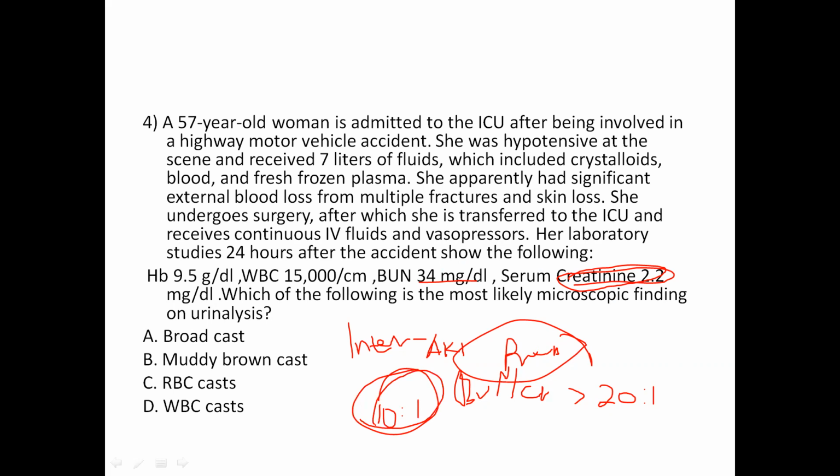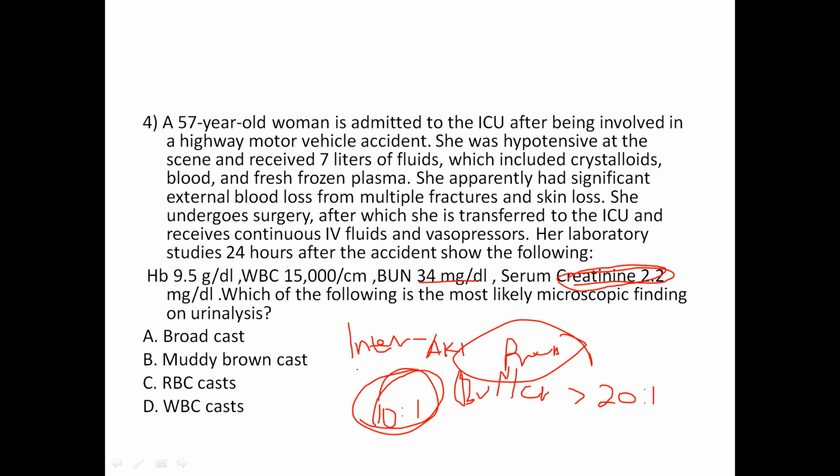There is no obstruction causing bladder outlet obstruction. So this patient has intrarenal AKI, and from that, this patient has acute tubular necrosis, because for acute tubular necrosis to occur there must be hypotension and also ischemia.